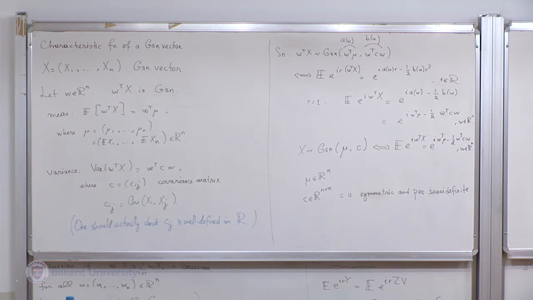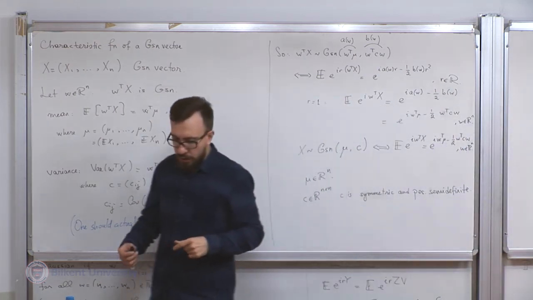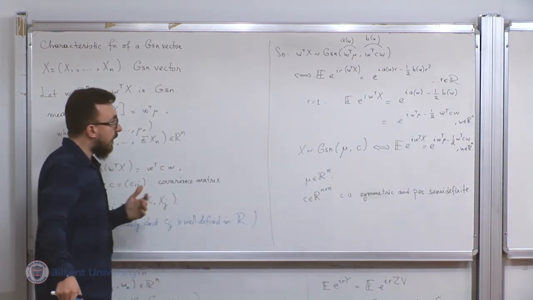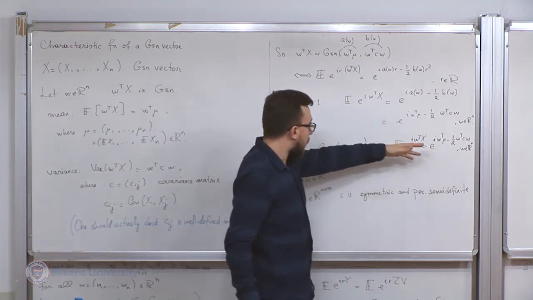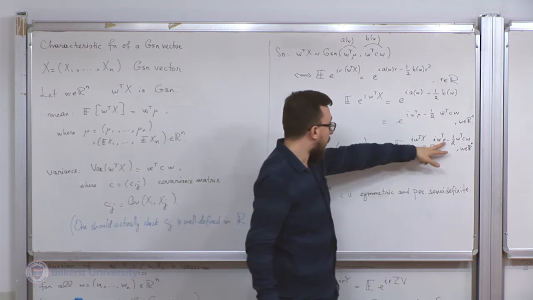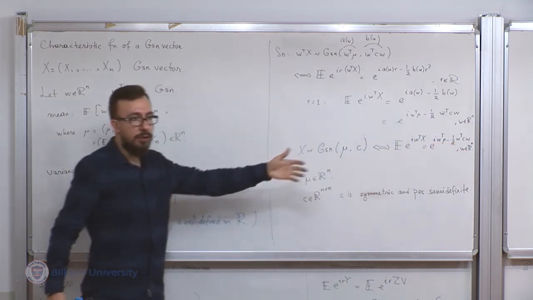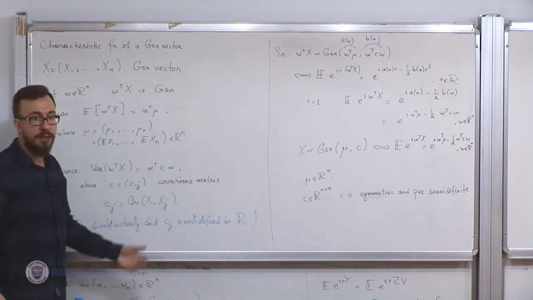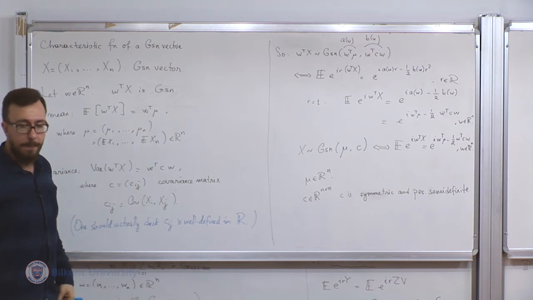That's why this covariance matrix is symmetric. So whenever somebody gives you a random vector with this characteristic function, you can immediately tell that this is a Gaussian vector with mean vector mu and covariance matrix C. Because the Fourier transform, or characteristic function, determines the distribution of a random vector as well.